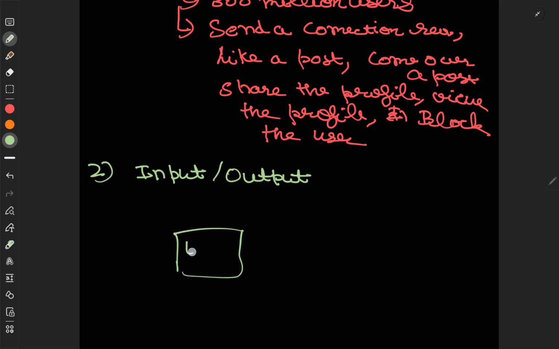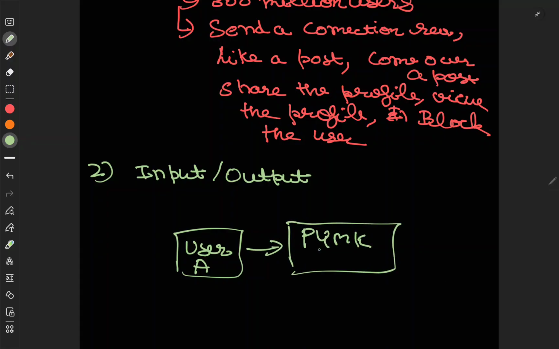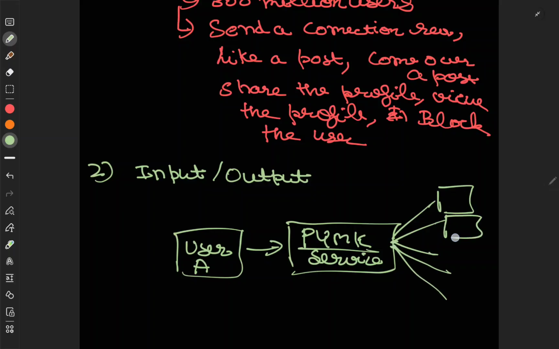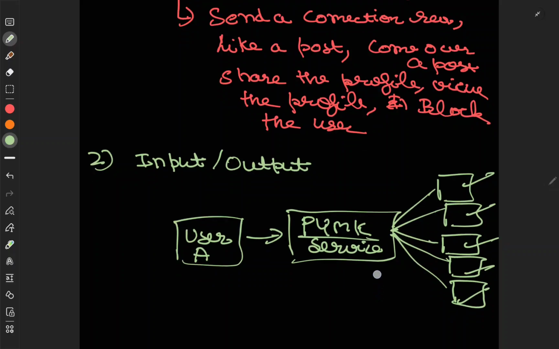So input is just a user, like let's say it's me, and there is this service, PYMK service. PYMK stands for people you may know, and it shows the top, let's say, 50 connections to us which are relevant to us, to whom we can send connection requests. Okay, so this will be the input and output of the system.